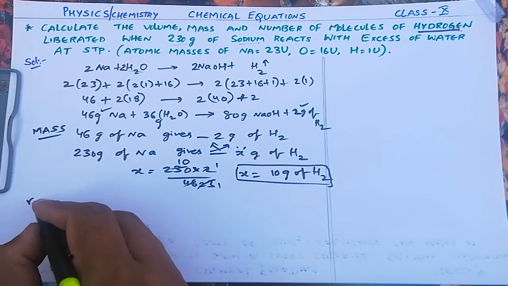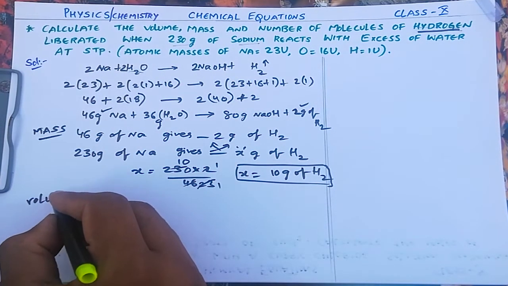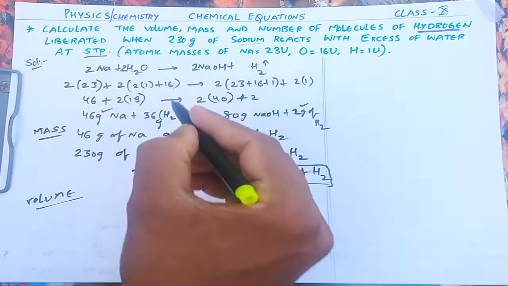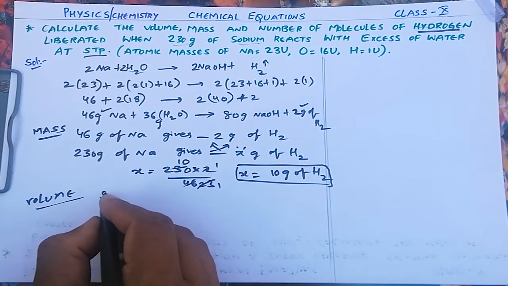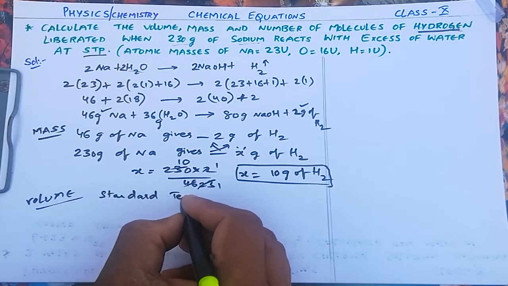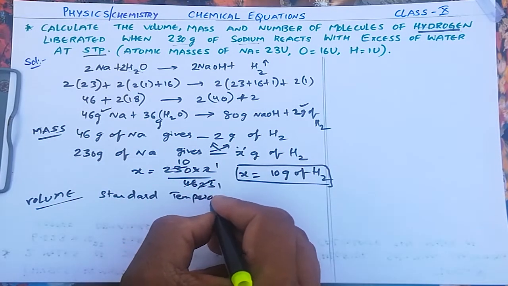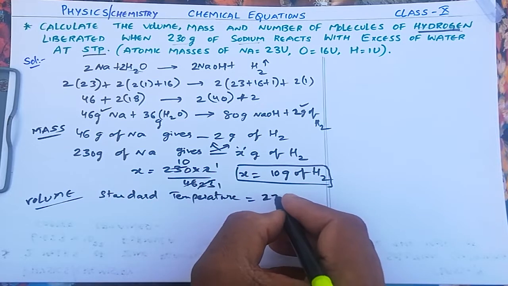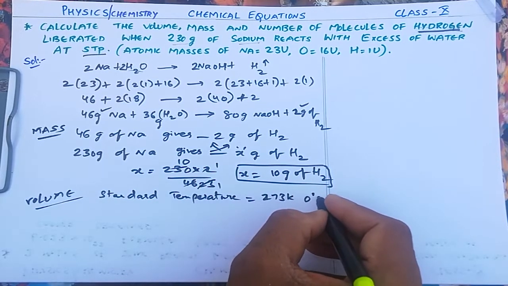Okay. Now coming to volume. It is clearly mentioned STP. STP means standard temperature and standard pressure. So the standard temperature value is 273 Kelvin, or else 0 degrees centigrade.